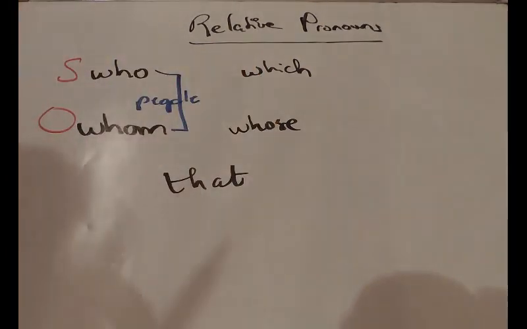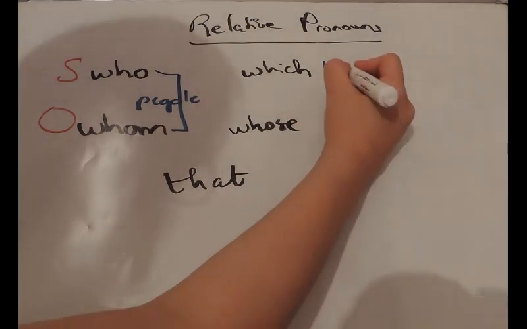So who and whom are for people. Let's go to which. Which is for things. And which can also be subject and object, but it is used for things.